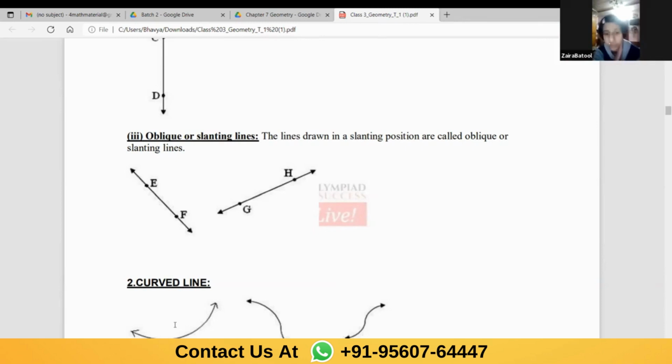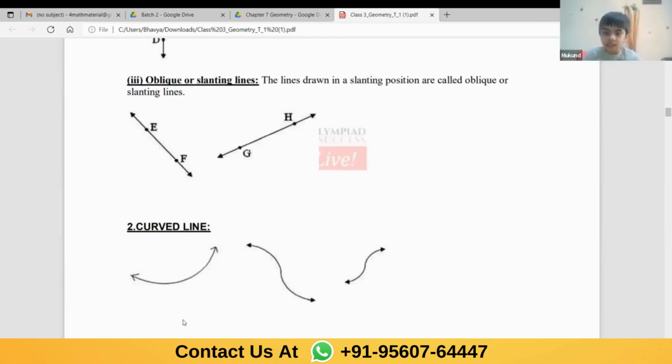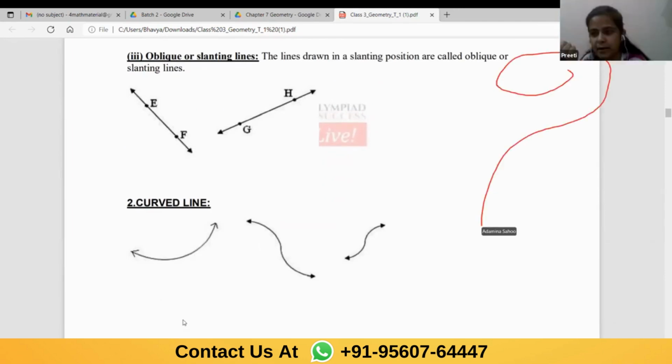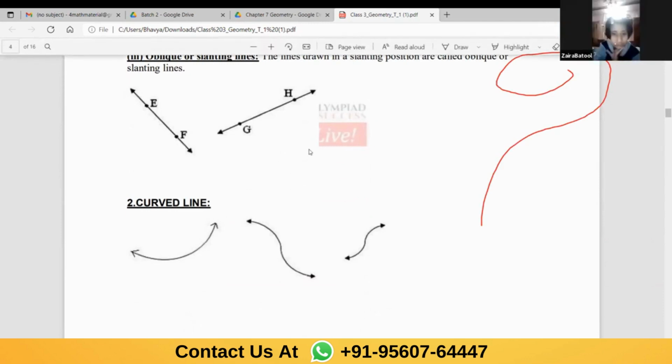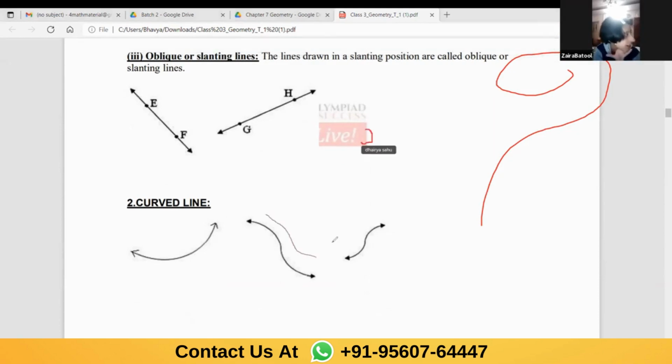Now curved lines are something in the form of a circular thing, not the complete circle, but of this shape. Now is it a semicircle? It could be semicircle. It could be just 1/4 of the circle. It could be 1/3 of the circle. It could be of this shape as it is shown here. This one. It could be like this as it is showing.